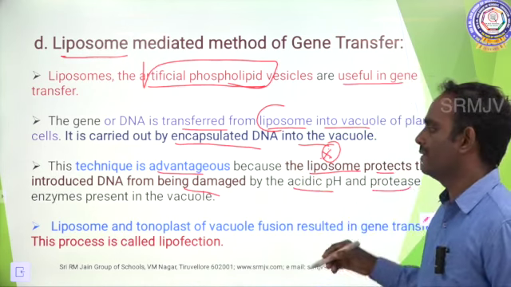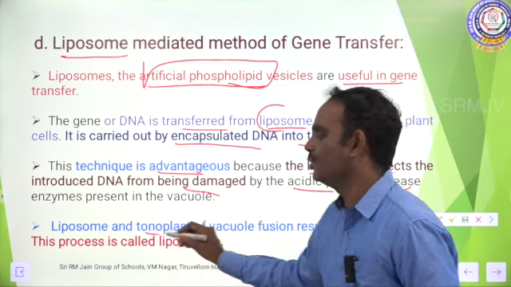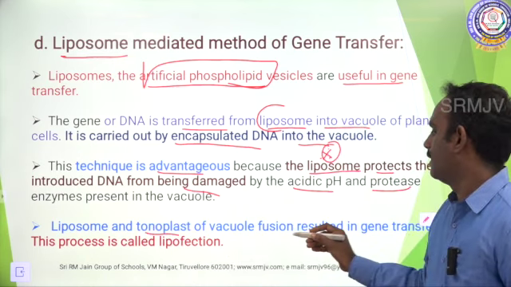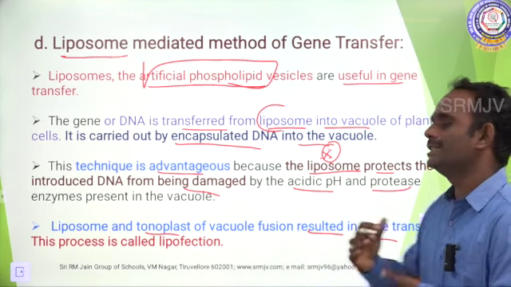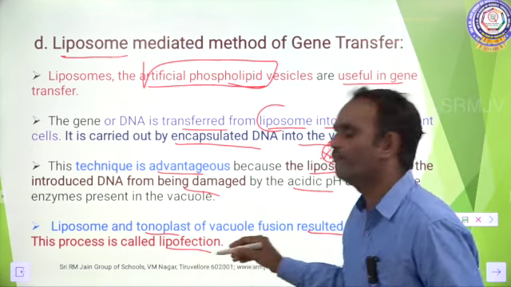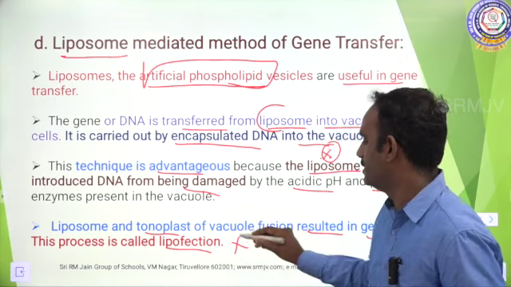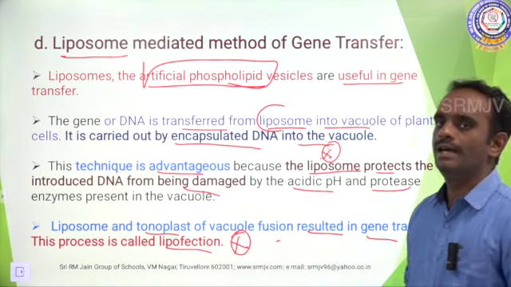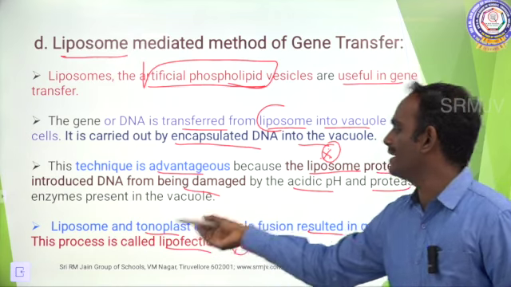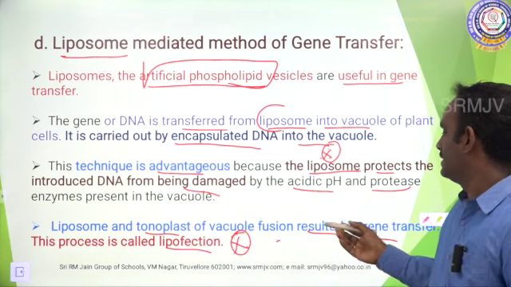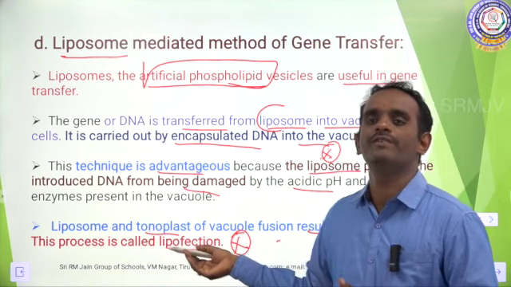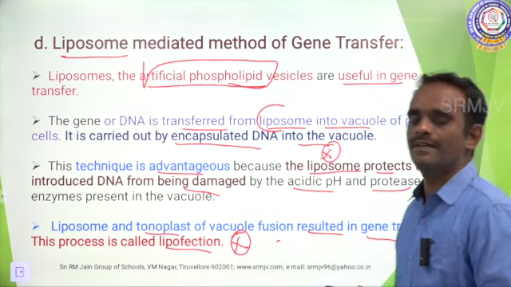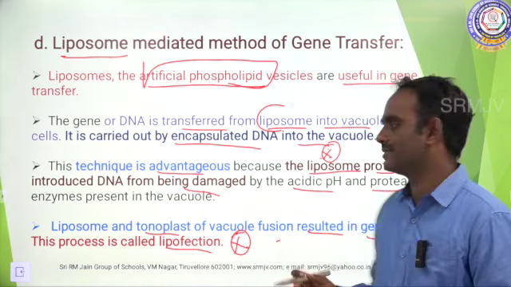Okay. So the next one, liposome and tonoplast of vacuole fusion resulted in gene transfer. This process is called lipofection. So this is a 2 mark question. What is lipofection? Liposome and tonoplast of vacuole fusion result in gene transfer. This process is called lipofection. Clear, children? Shall we move on to the next slide? Yes.